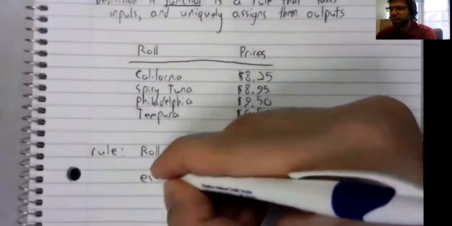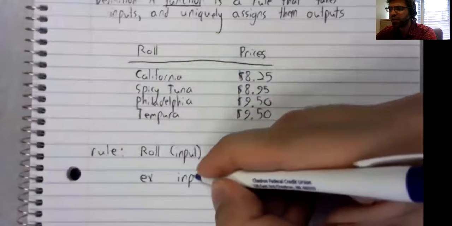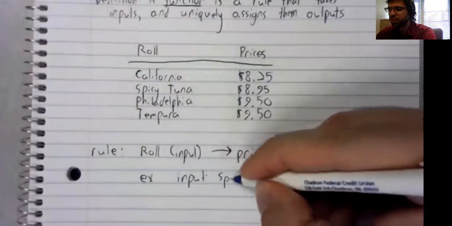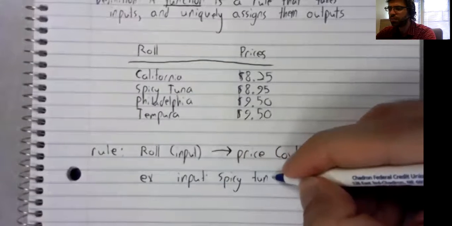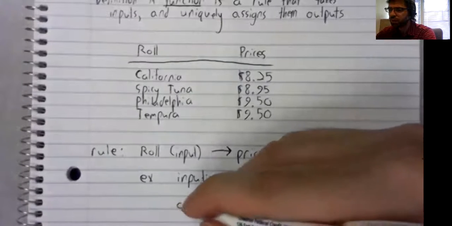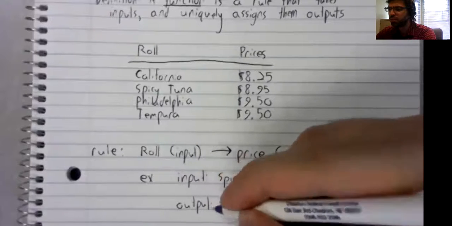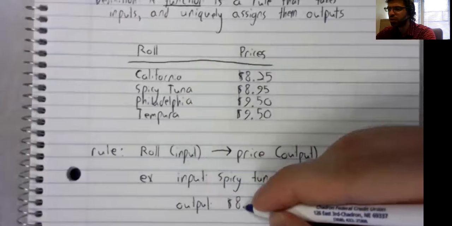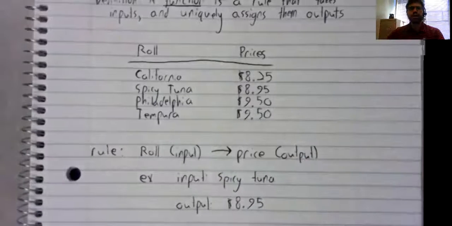So, for example, when the input is spicy tuna, the output is $8.95.